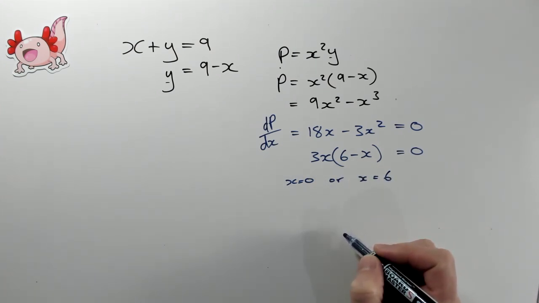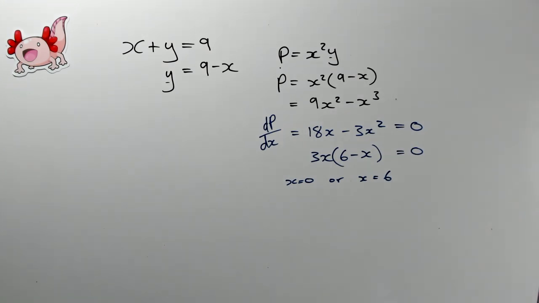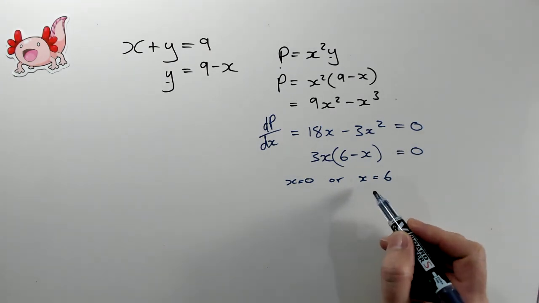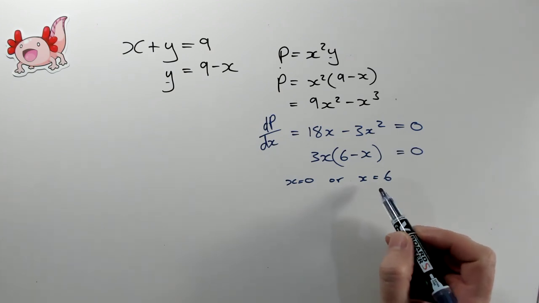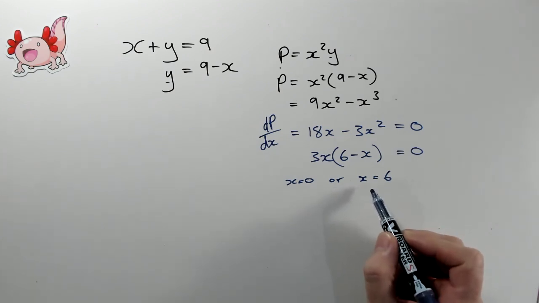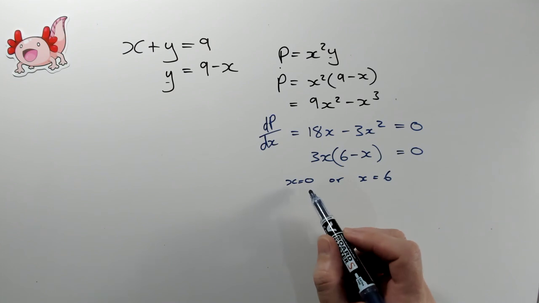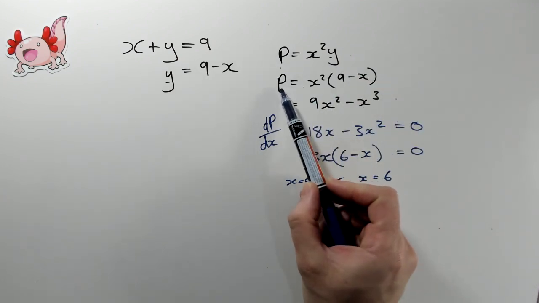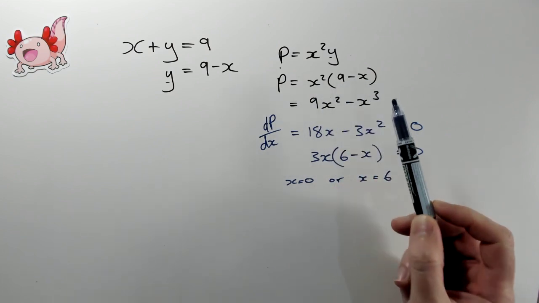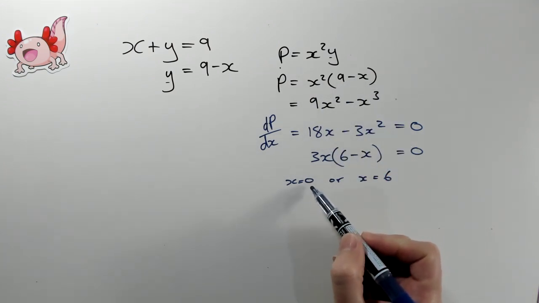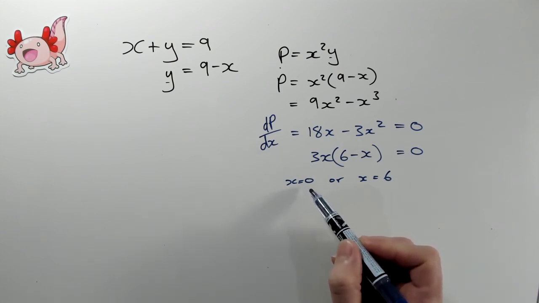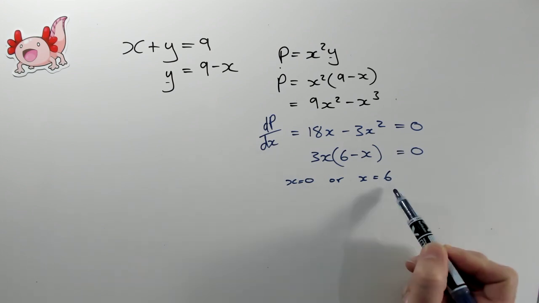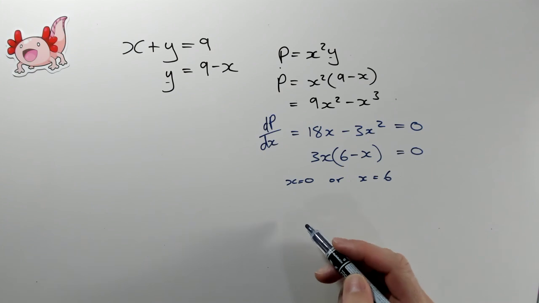I don't think 0 is going to work as a maximum point, because 0 is just going to give me 0 everywhere. If I input 0 in there, that's definitely not going to give me a maximum. So basically this is going to be the minimum point.